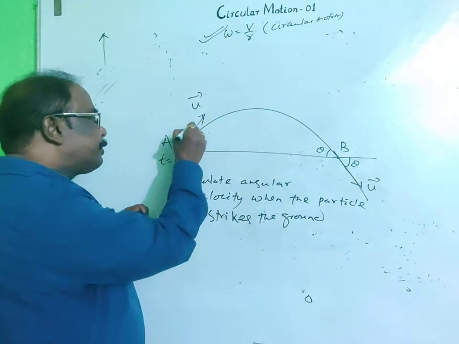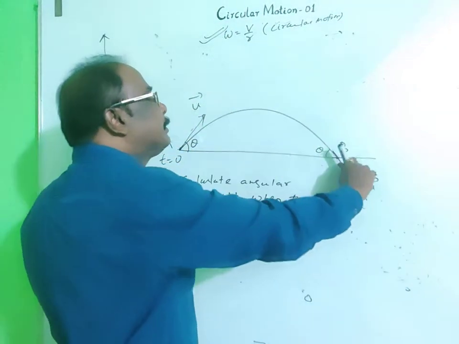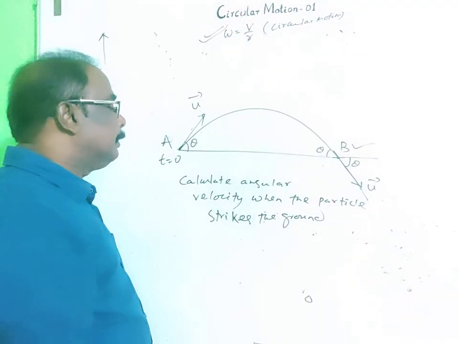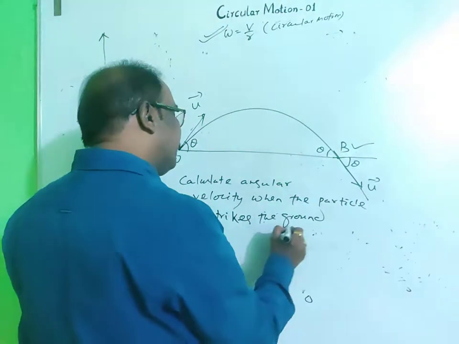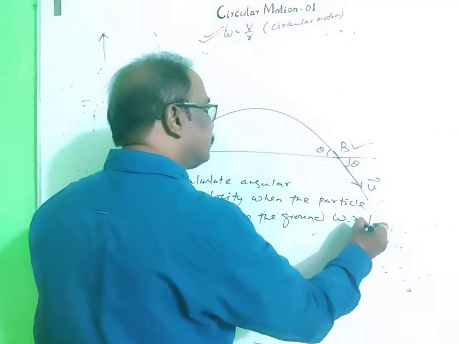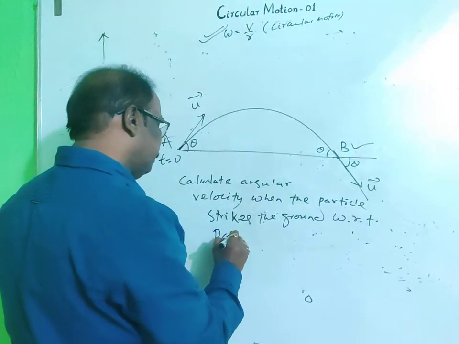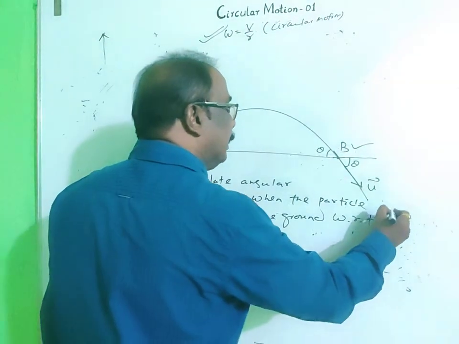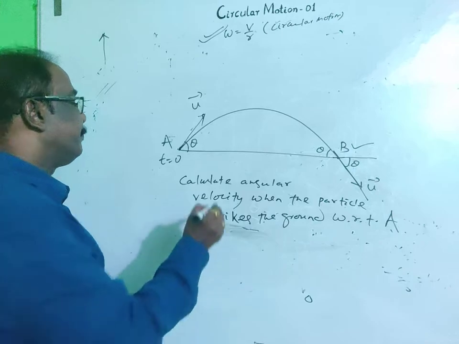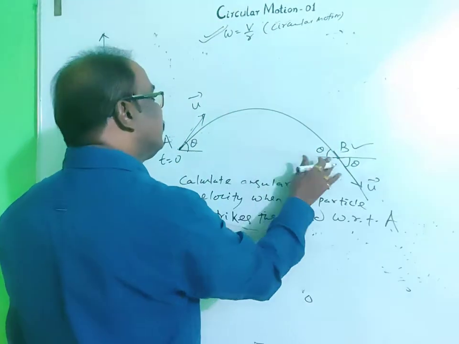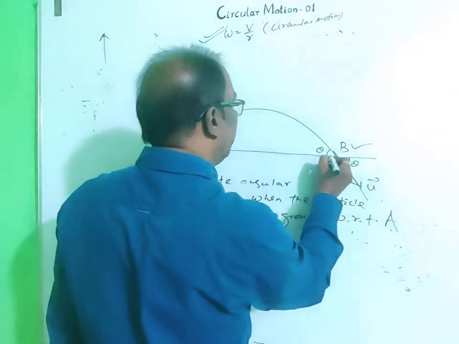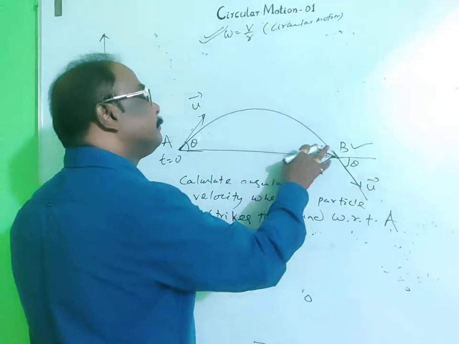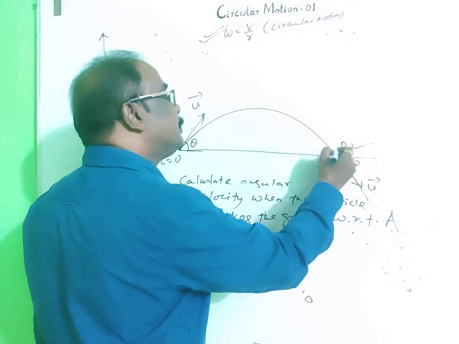See, the particle starts its motion from A and strikes the ground at B. Then we have to calculate the angular velocity of the particle when it strikes the ground with respect to position O, or with respect to A, with respect to C. This is the final position with respect to A. So AB is the position vector.